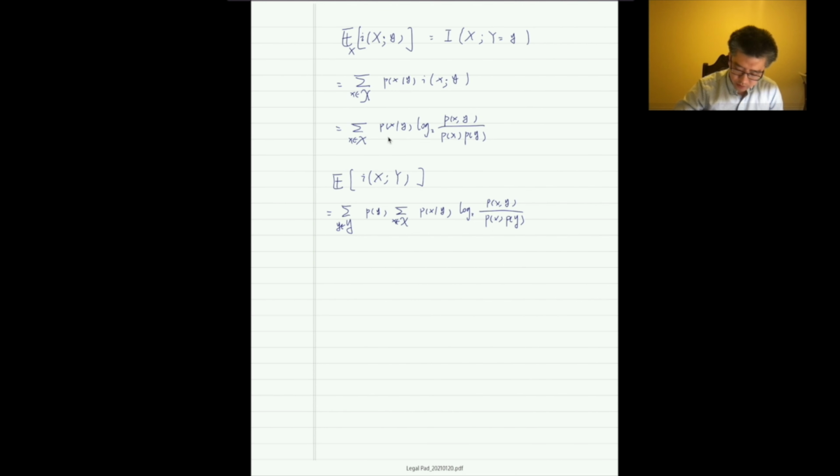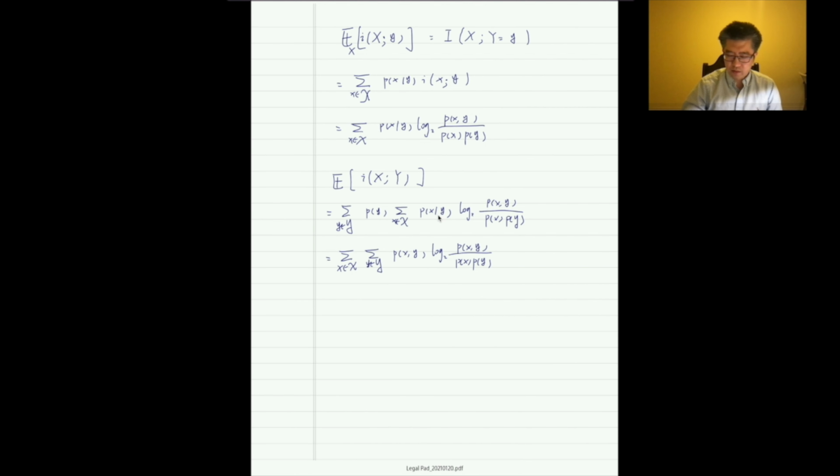We write this as a summation over x and then a summation over y. Here py multiplied by px given y is the Bayes rule again, so that's pxy, and then we have log 2 pxy over px py.